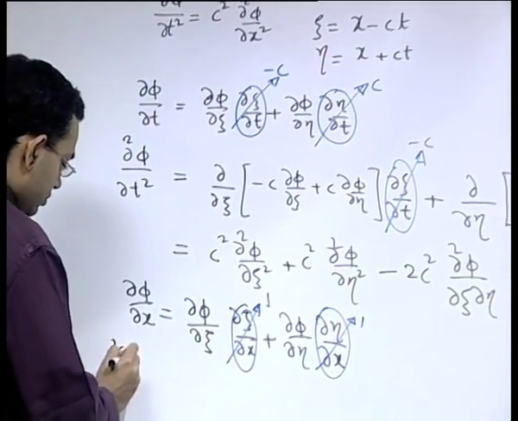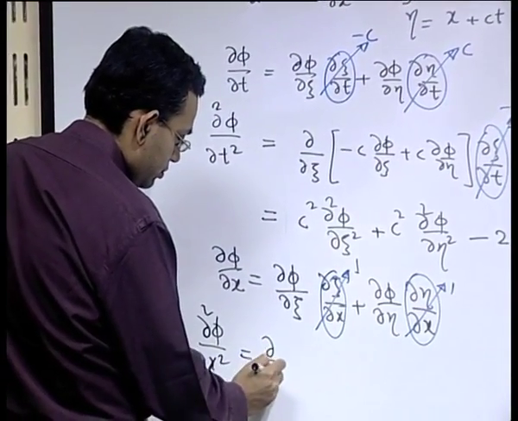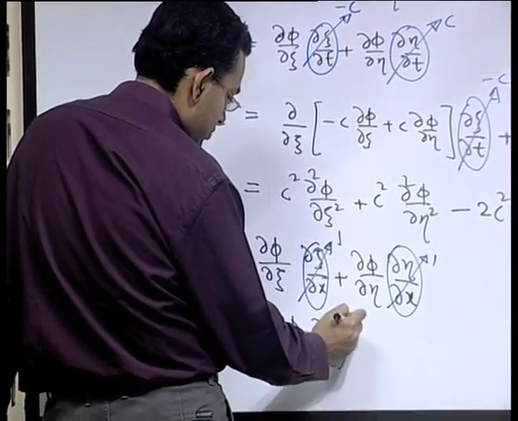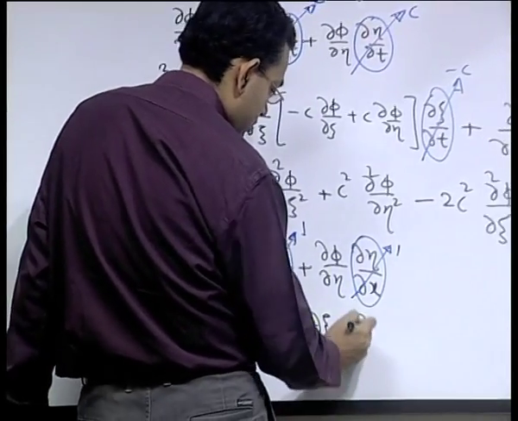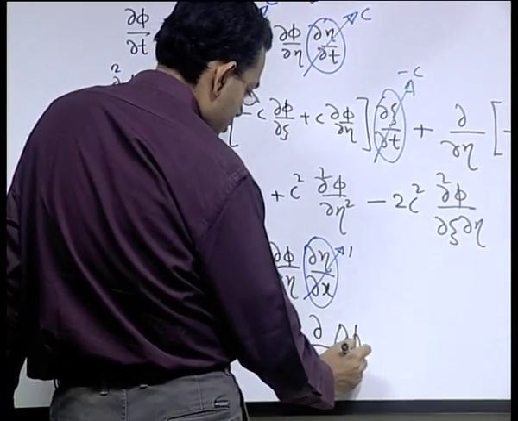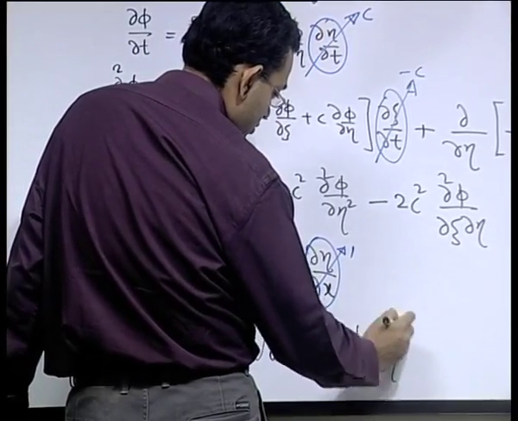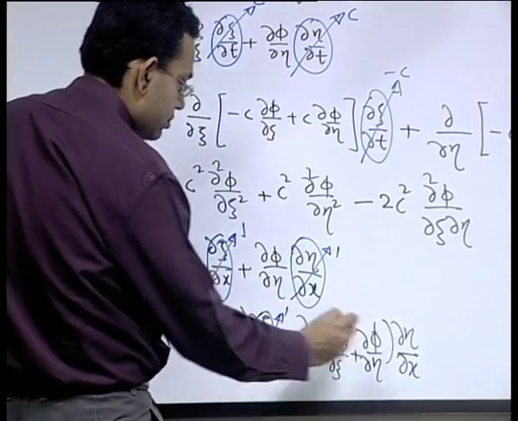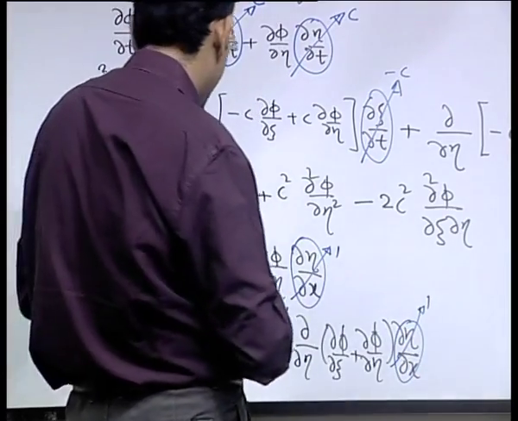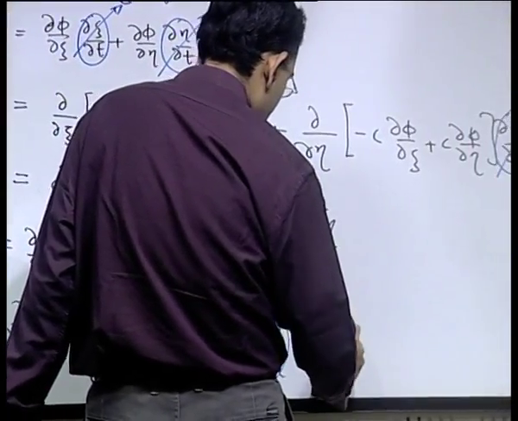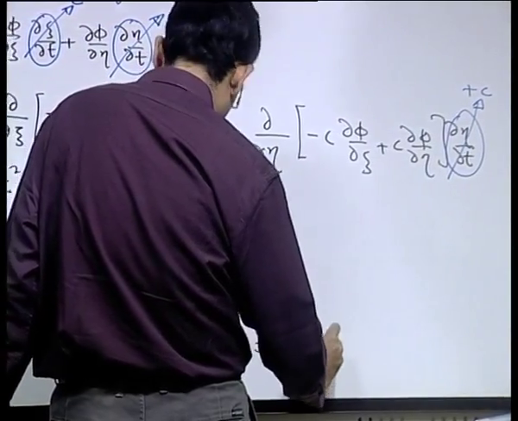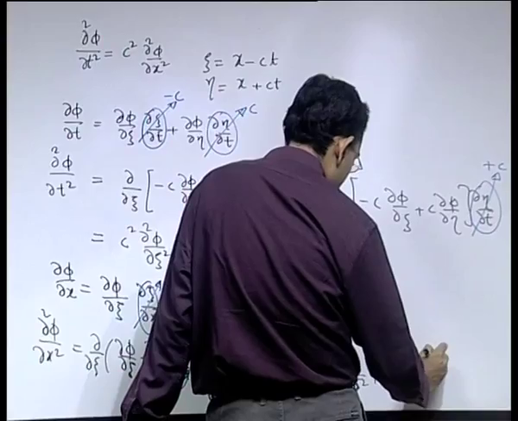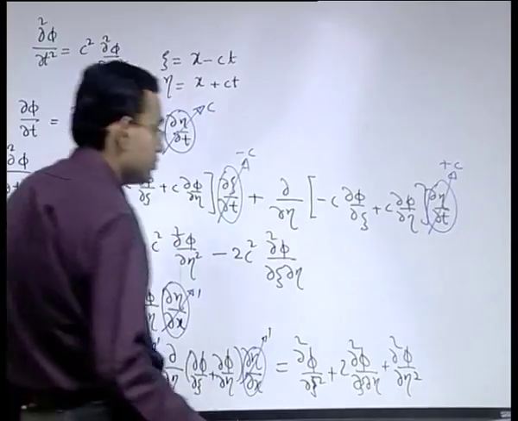Second derivative: so, this is also equal to 1 and this is 1, hence it becomes this one.